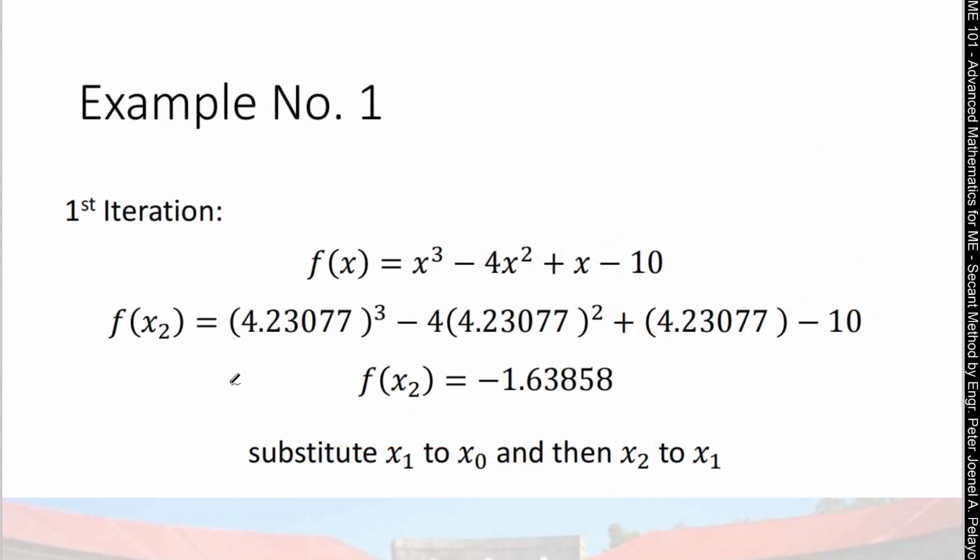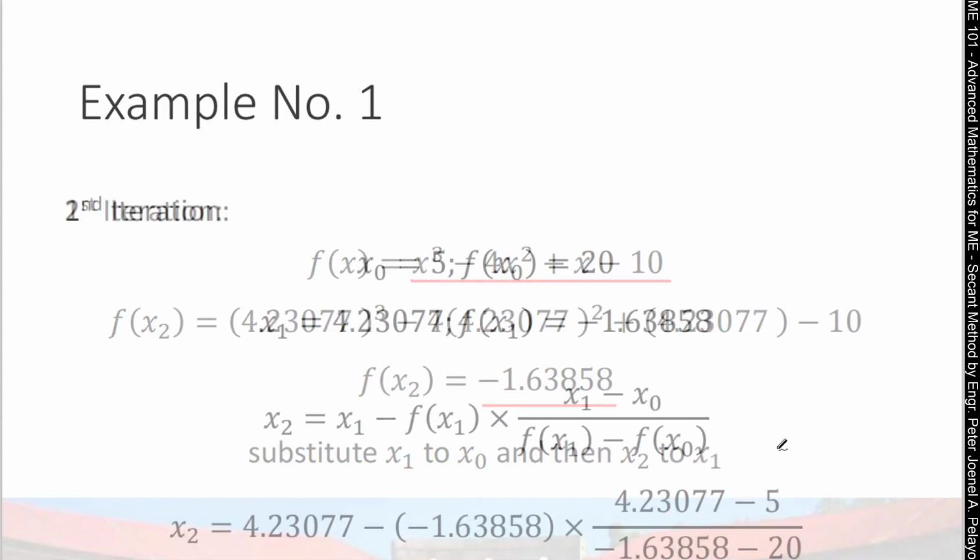And then sa substitute natin to the function x cubed minus 4x squared plus x minus 10, ang f(x) natin is negative 1.63858. So, substitute x1 to x0, x2 to x1.